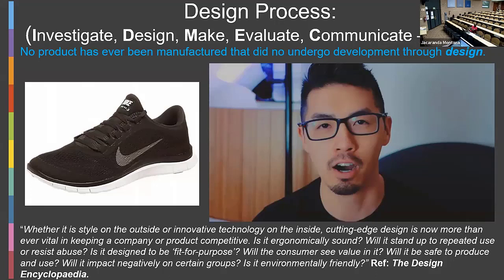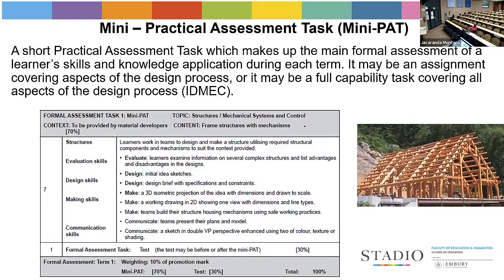Okay, no, it's fine. So you can go watch, like I said, the rest is on ECI. I'm just going to show you the last things and just go through it in the CAPS document, and then hopefully we have a minute for questions. So this is the mini PAT that I talked about. It's a practical assessment. This is from an example in the CAPS document. Here you can see the content and the topic.